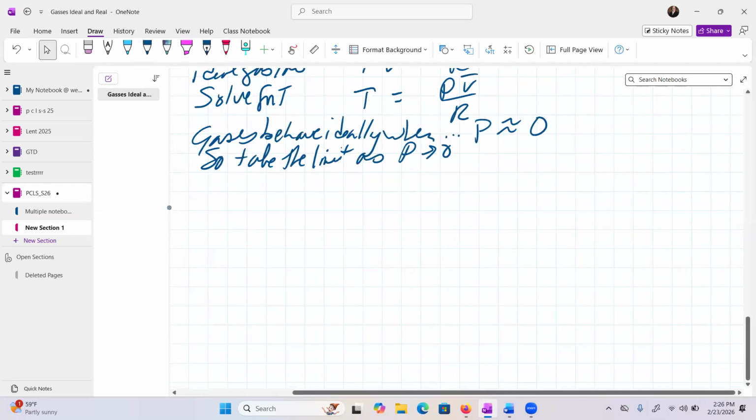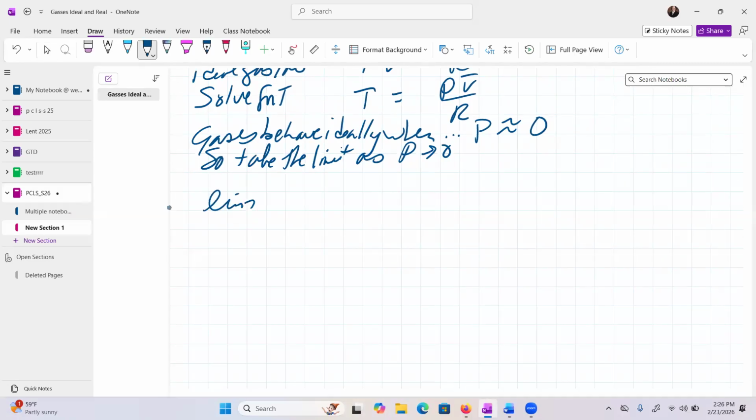So we're going to do the limit as P goes to 0 of this thing. T equals the limit as P goes to 0 of PV bar over R.